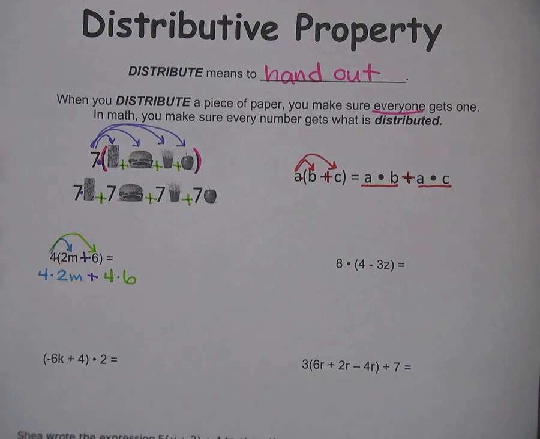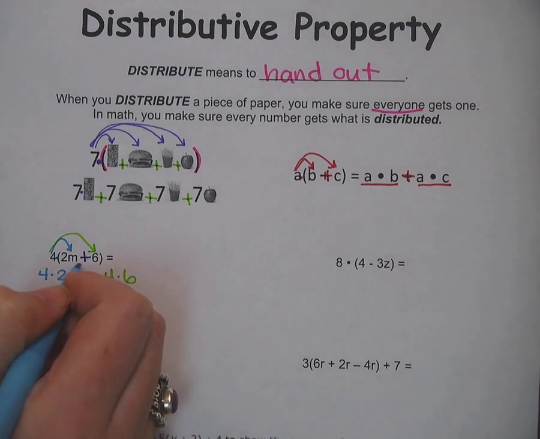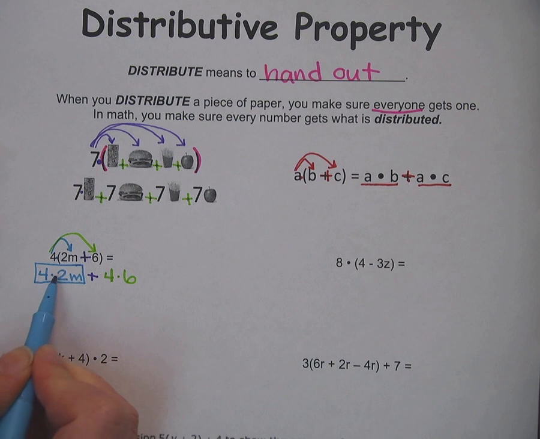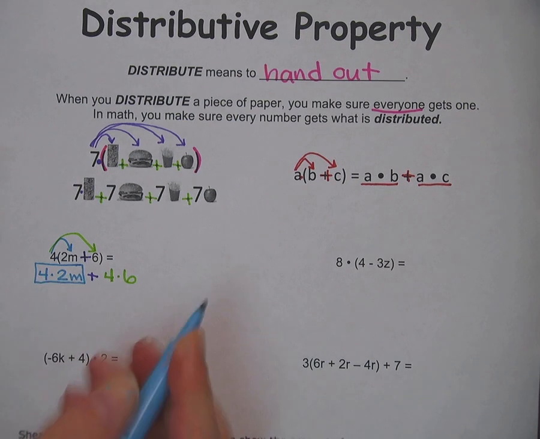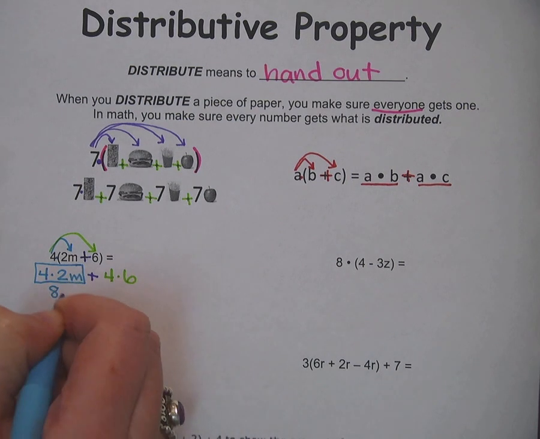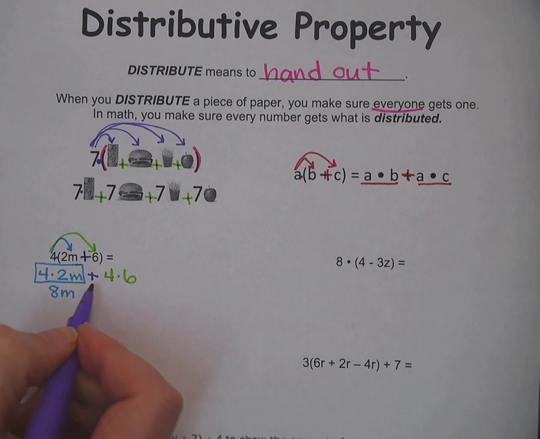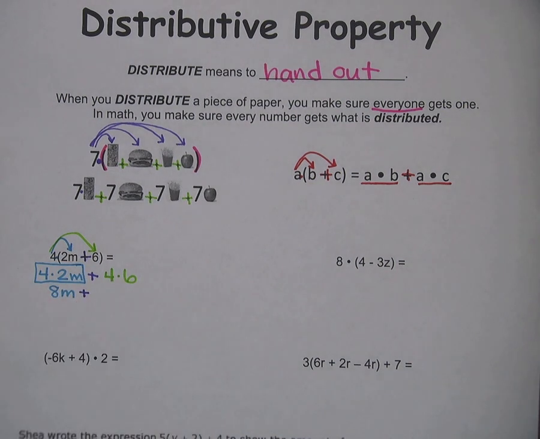Now I need to actually solve. At this point, I am going to put my 2 pieces of multiplication together. 4 times 2m, I just do 4 times 2, which is 8, and I leave that letter alone. So 4 times 2m is 8m. That plus sign, again, never changes. It stays the same.